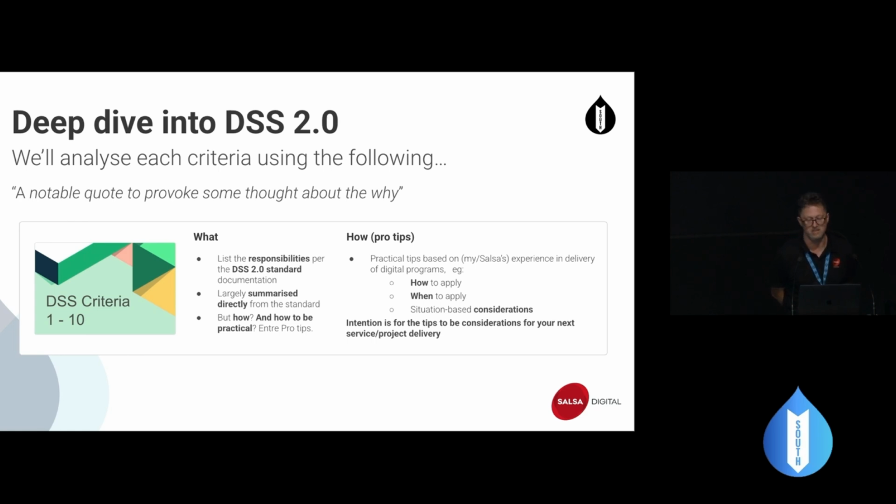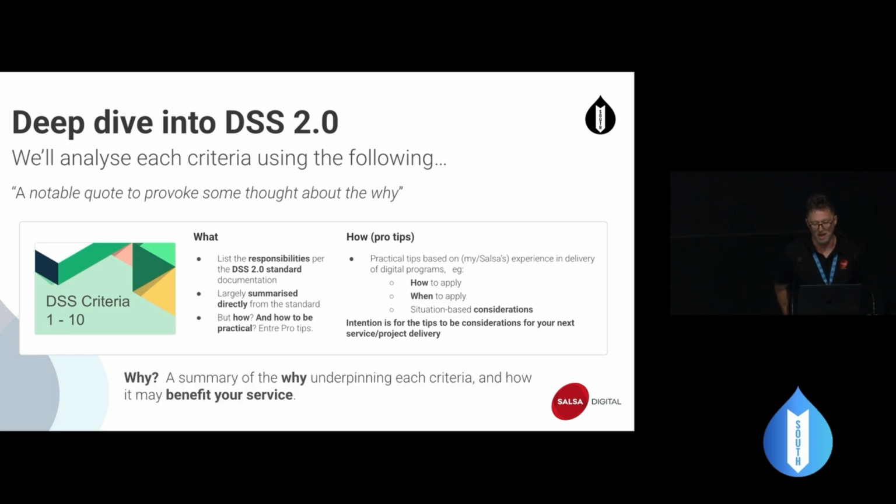Hopefully some of these takeaways are useful in your own digital or service builds, and you can take some stuff away for consideration. I also have for each one a why statement at the end of each criteria, and these are really to further contextualise how to apply the particular principle.